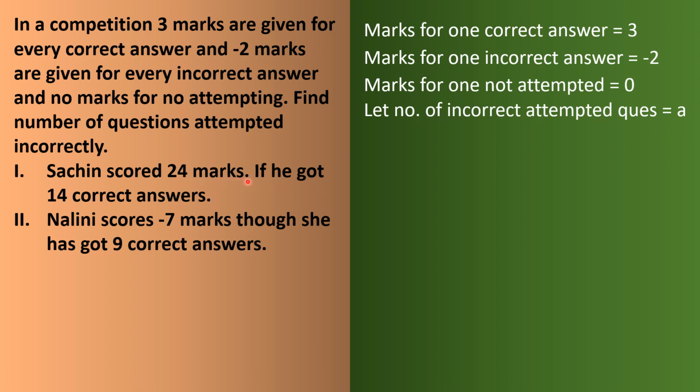Now we need to find out for Sachin. Sachin's score equals 24, which is given to you. And if he got 14 correct answers, it means 14 multiplied by 3 plus, we don't know the number of questions attempted incorrectly, so a multiplied by minus 2.